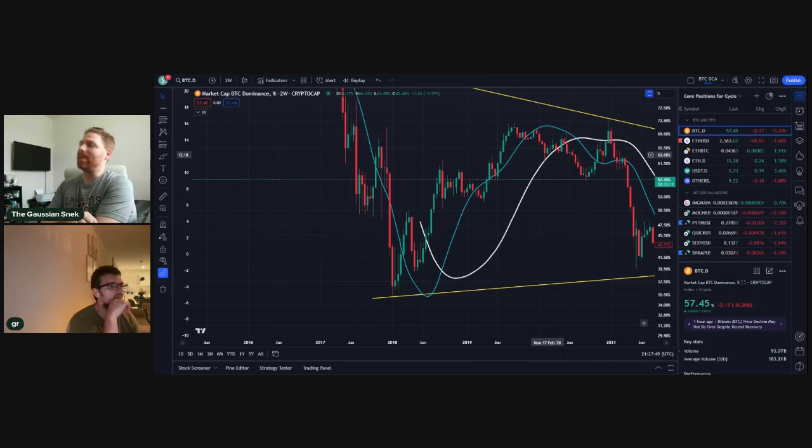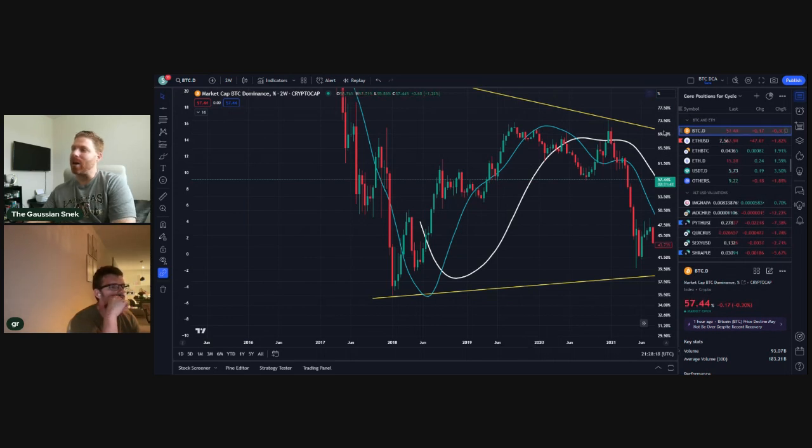So you may start to see some altcoins wake up and outperform Bitcoin once rate cuts happen, because rate cuts are a signal to the market that more liquidity is coming. So the psychology would be people might start to feel more inclined to take some risks that they're not inclined to take right now. And that might be why you start to see Bitcoin dominance struggle.